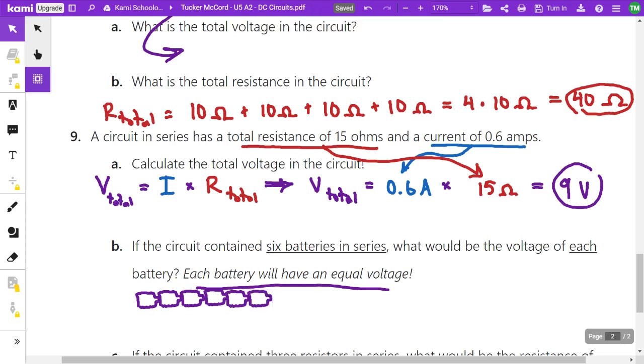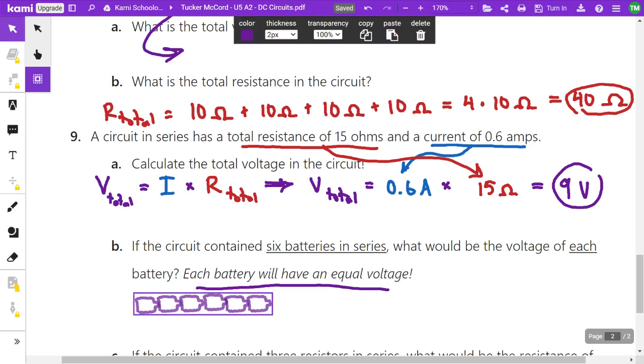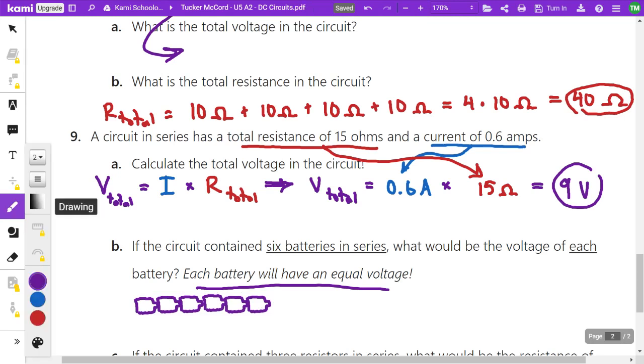So I got 6 batteries all lined up here. And in total, their voltage is 9 volts. They are providing 9 volts to this circuit by having all 6 of them added together.